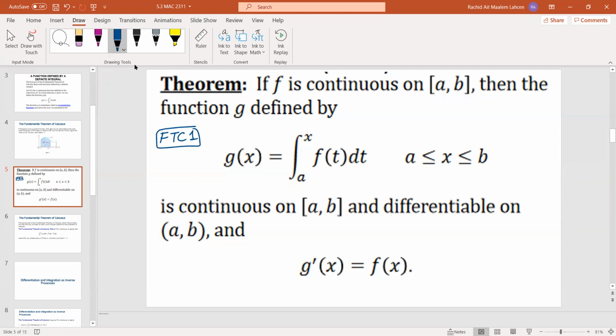Now, for the function we defined with the definite integral, if f is a function on the closed interval [a, b], g is defined by this, and x is between a and b, and the function f of t is continuous on [a, b], then g is differentiable on the open interval (a, b), and we have g prime, the first derivative, equals f of x.